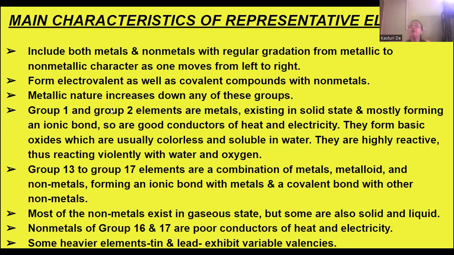They also form covalent compounds with non-metals when they accept electrons and share electrons to form covalent bonds. The metallic nature increases down any of these groups, that is, when we move from top to bottom, the metallic nature increases.